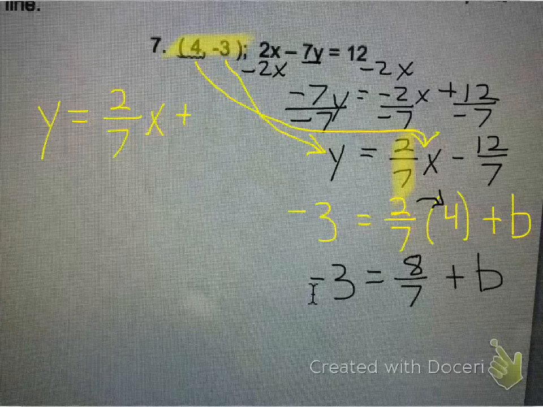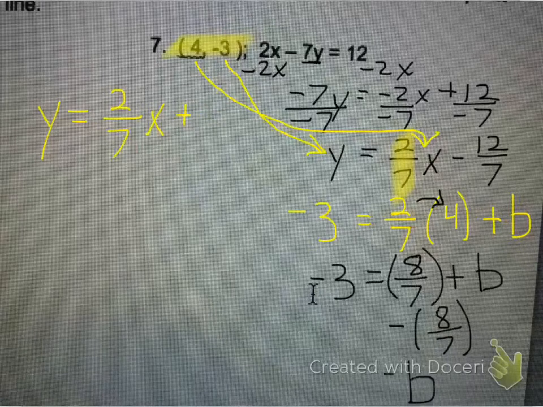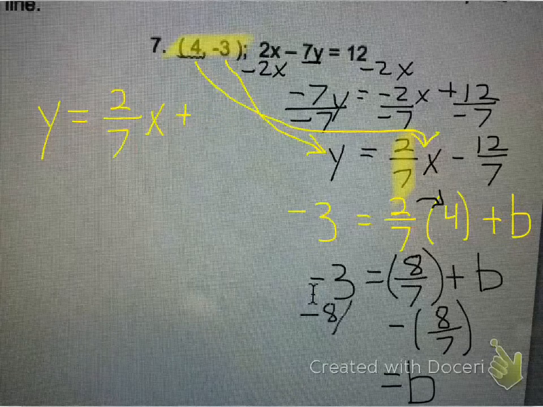So since this is a +8/7, what do I have to subtract? I'll subtract 8/7. Good. So your b is equal to, and since I subtracted here, make sure you subtract it over here also.